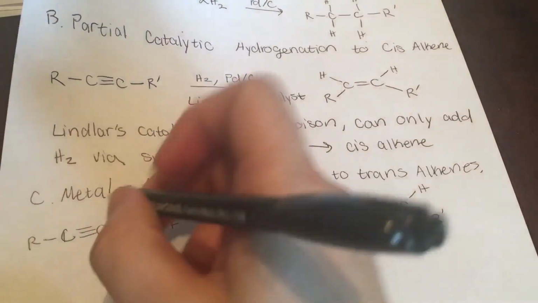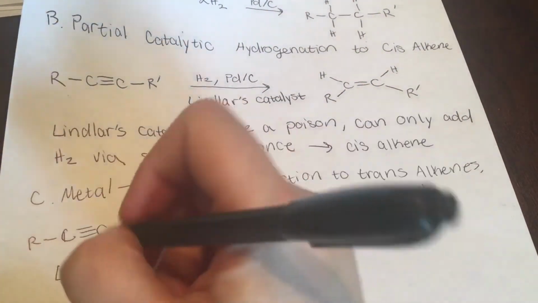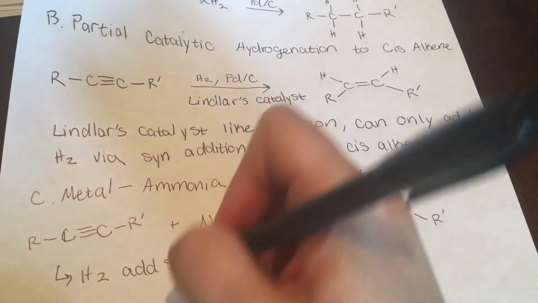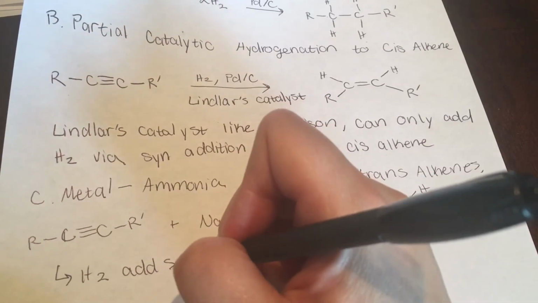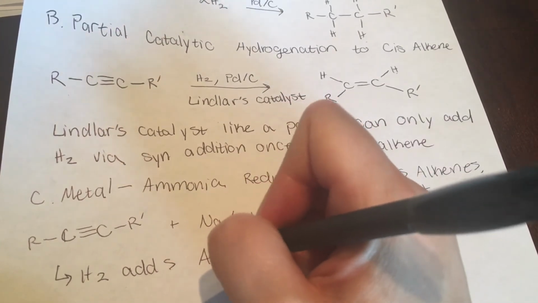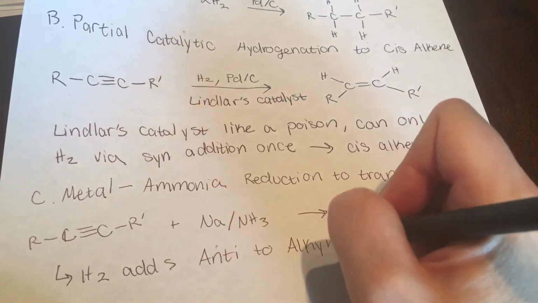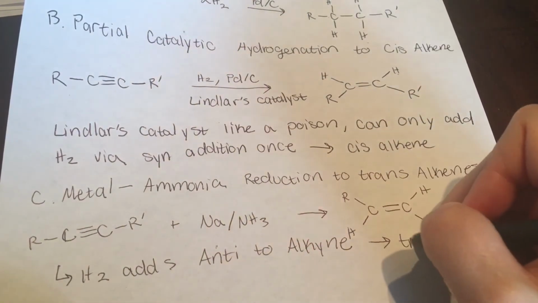And so H2 is now going to add anti in these conditions. So H2 adds anti to alkyne, and that gives you a trans alkene.